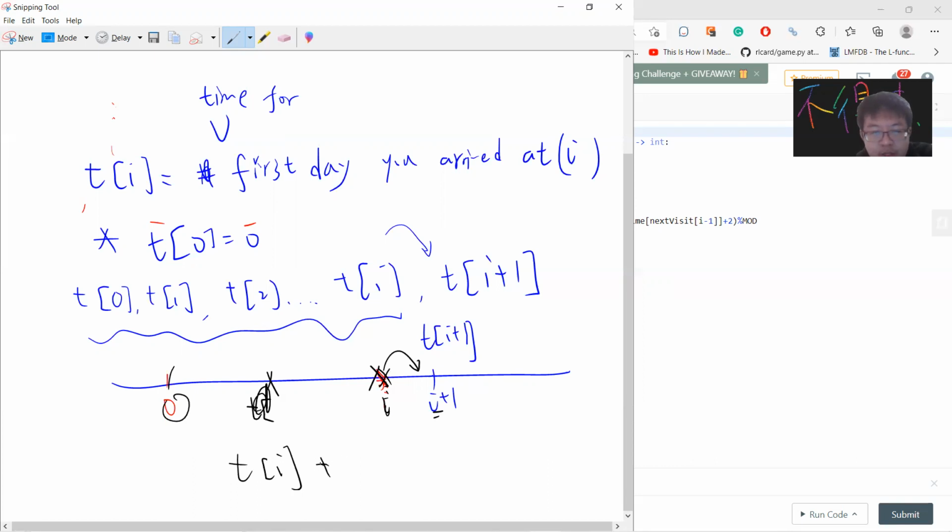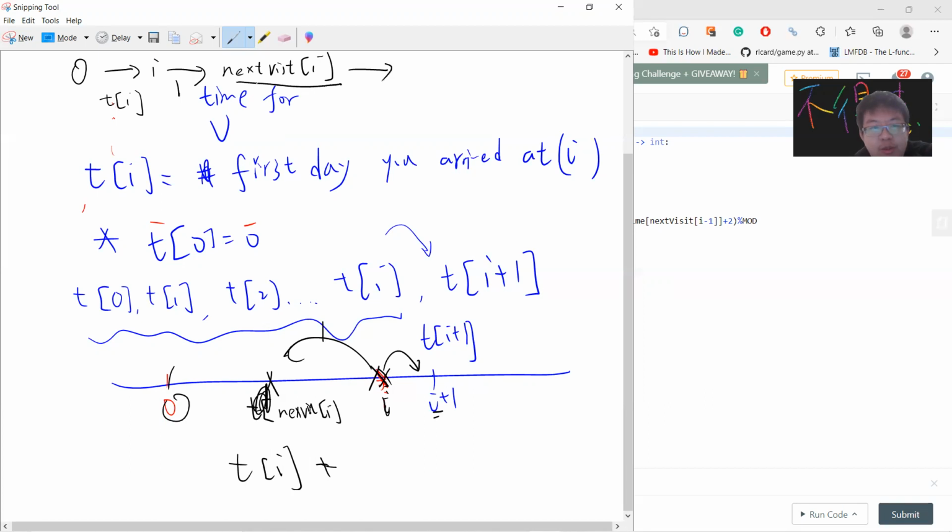Next you spend one step and go to nextVisit of i. Then what is the number of steps to get back to i? You can easily see this is periodic, so the time from nextVisit of i to i must be T of i minus T of nextVisit of i.